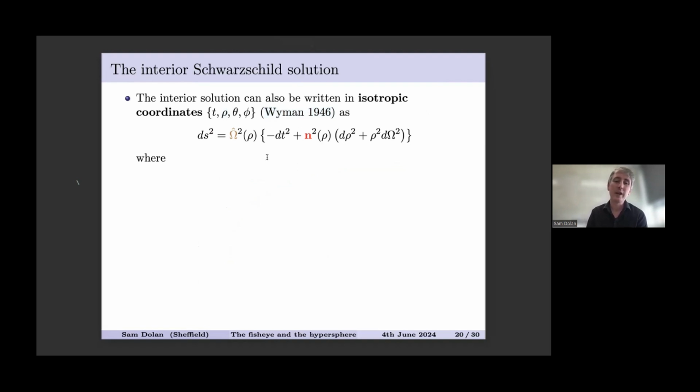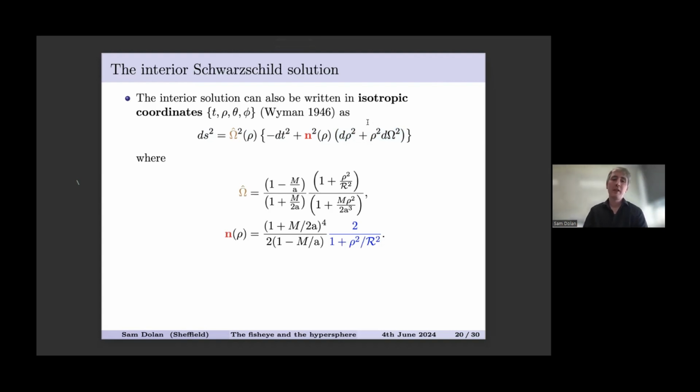He started with the line element in this form with some conformal factor and some refractive index. Well, actually, he didn't quite write it like this, but he had two free functions and a flat element here.